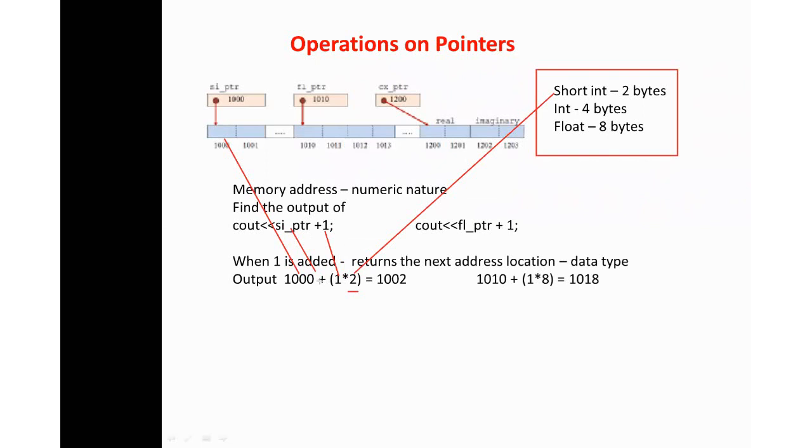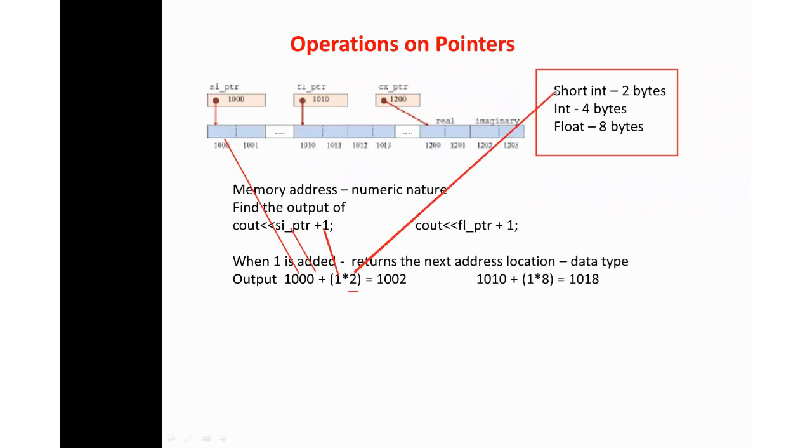Then plus SI, for that SI only this 1000 is coming. Then 1 I have given you. What is the number of positions to be incremented? How that will get incremented is with 2, that is with the support of the number of bytes occupied.